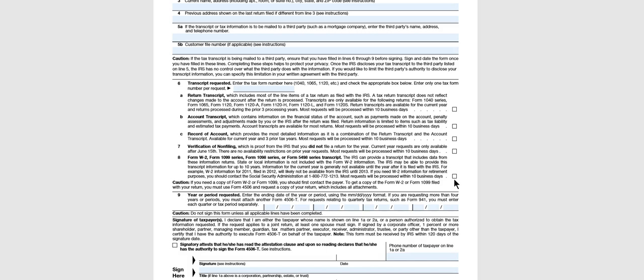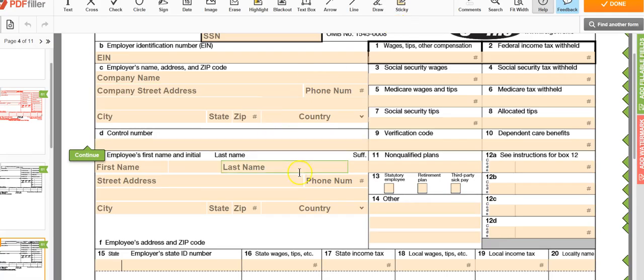But one thing I do want to mention, when you request this transcript, it's important to understand that what's missing from the transcript is the state information. So I'm going to jump back to the other screen, because remember I mentioned state wages in box 16 and local wages in box 18, and box 17 had state income tax withheld.